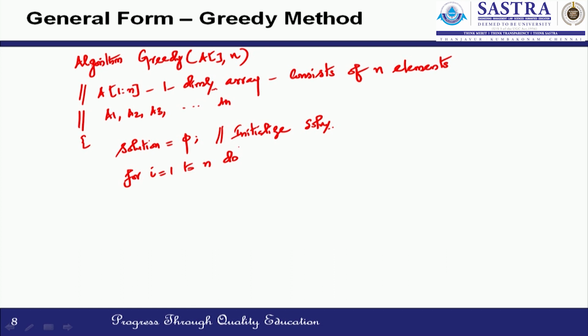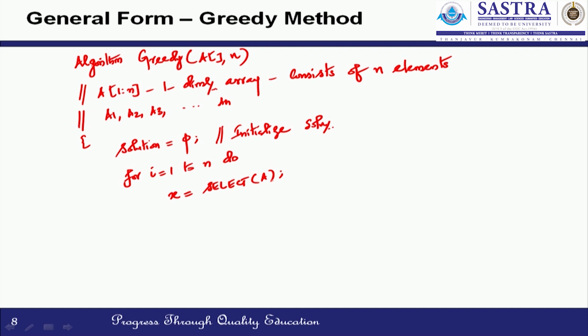So having n inputs, now we need to select one input at a time. That input is, for example, stored in a variable x. x is equal to select of A. So when i is equal to 1, we are selecting the input. x is equal to select of A, that means A i, right?